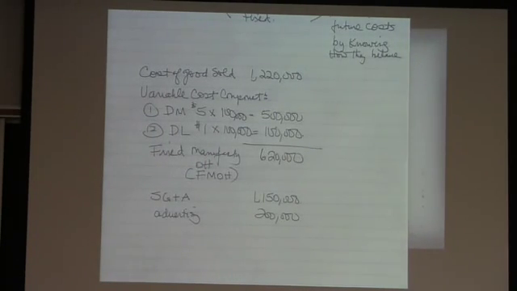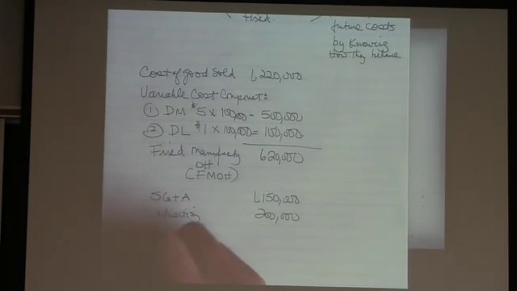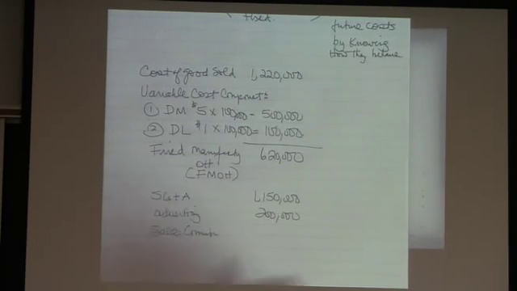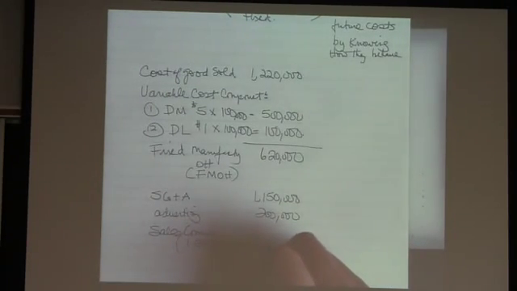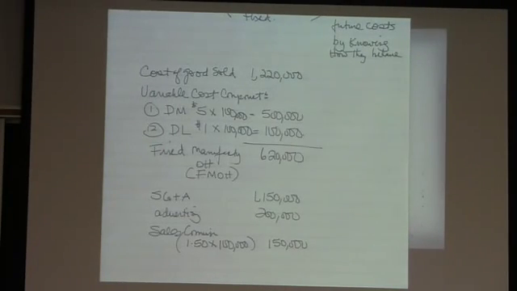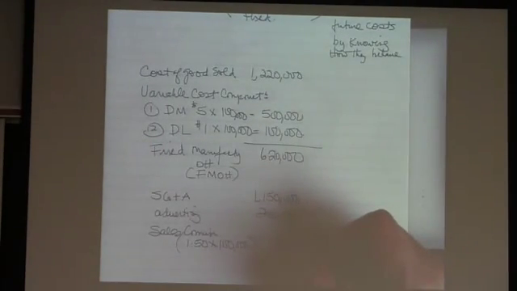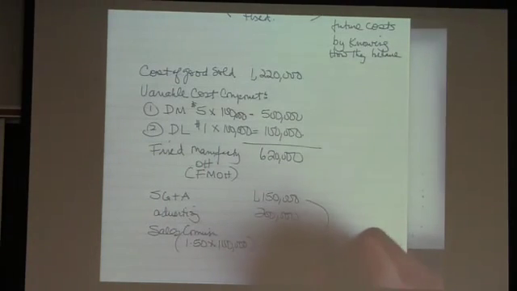We're told that the sales commission is $1.50. $1.50 times 100,000 units. So we know that of this 1.150, 150 of that is variable.